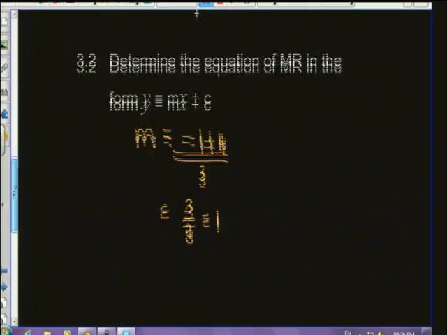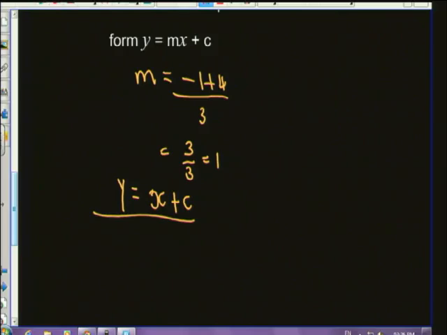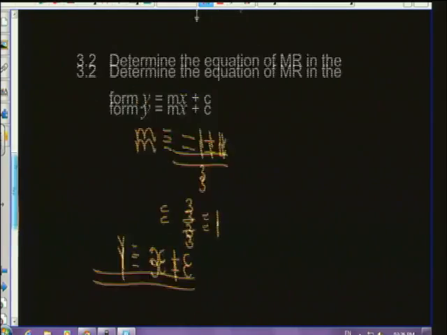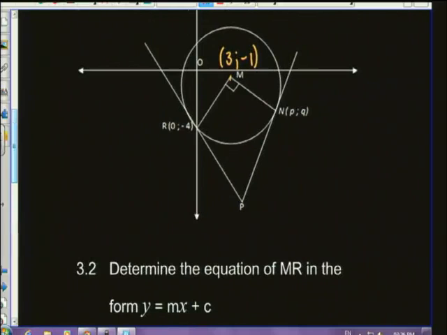Right, we now need to work out the c. We already know that y is equal to x, because it's 1x, that's the gradient, plus c. So if I can find an x and a y, so the coordinates of a point, and substitute those into this equation, I can then have a linear equation and solve for c. So what point can we substitute? We can substitute 3, negative 1.